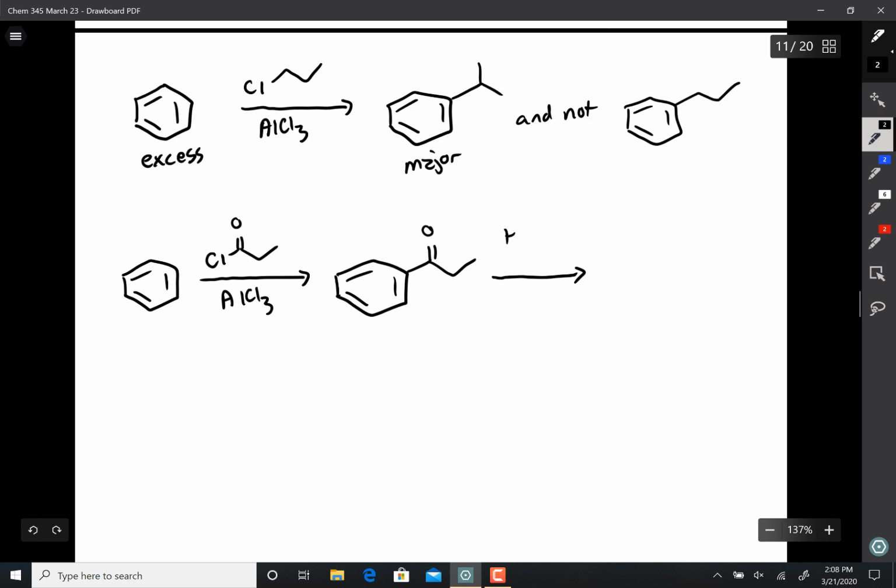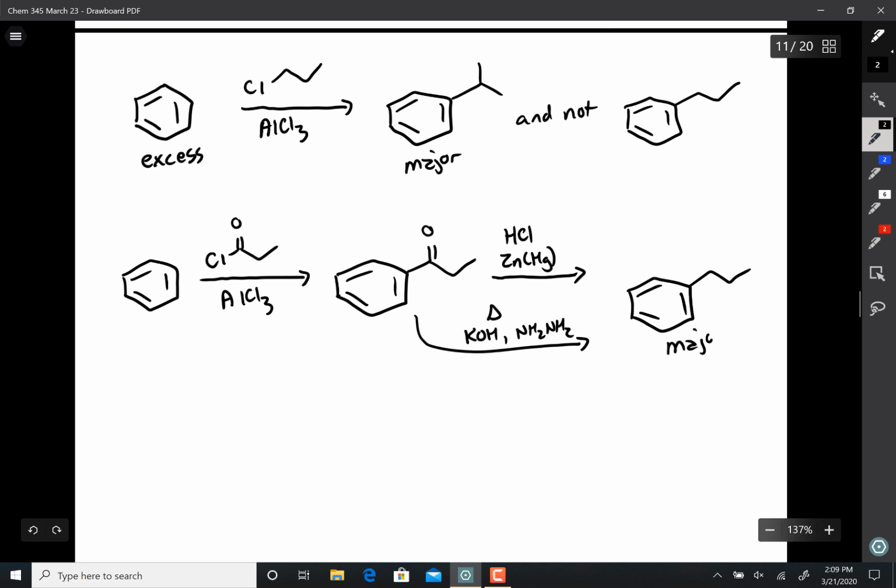And then you can add the Clemmensen or the Wolff-Kishner, and that reduces off the carbonyl, replaces it with 2 hydrogens, giving you this as the major product. And that's a very common way alkyl groups are actually installed onto aromatic rings.